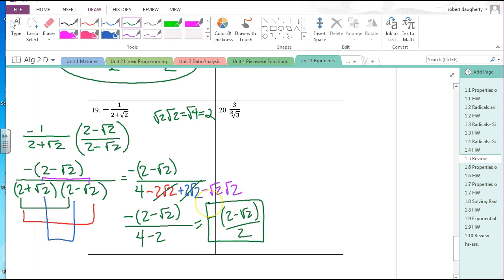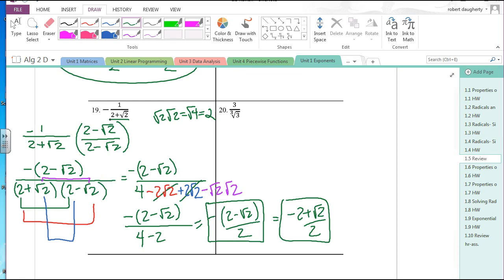If you distribute that negative sign up top, you could get negative 2 plus root 2 over 2. That is another form of the correct answer on that one. Okay, that one just requires a lot of manipulation of terms to make that one work. But the key was you had to multiply this by 1 in the form of its irrational conjugate.